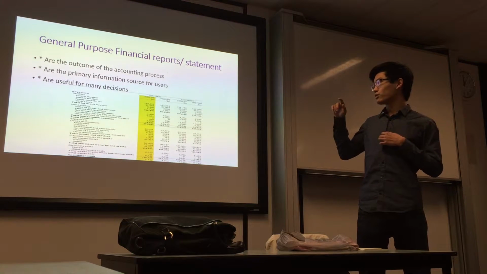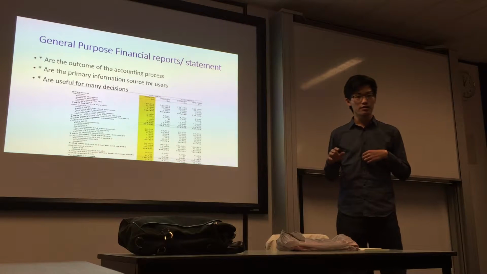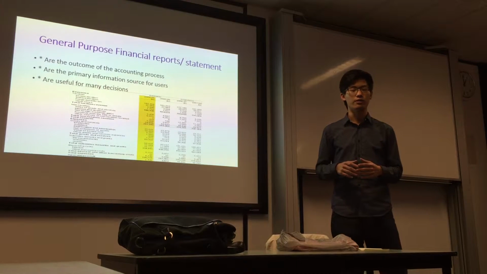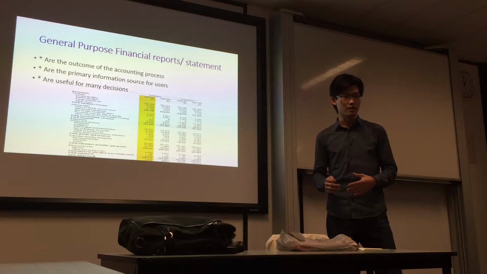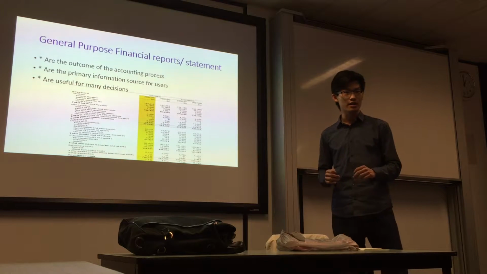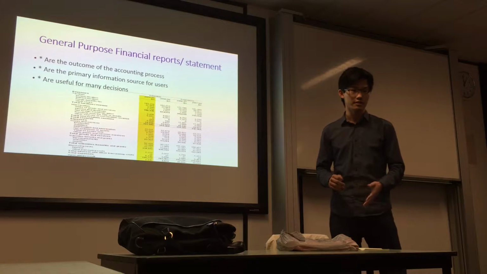So I'm going to tell you what a general purpose financial report is. First, it's a statement that can tell you the outcome. It will tell you what happened in your business, and then the users will use this statement to make decisions.